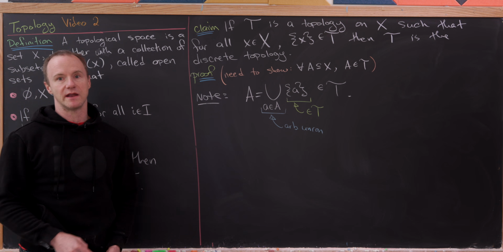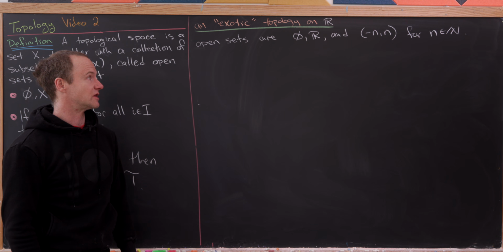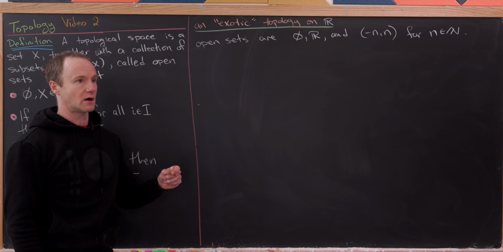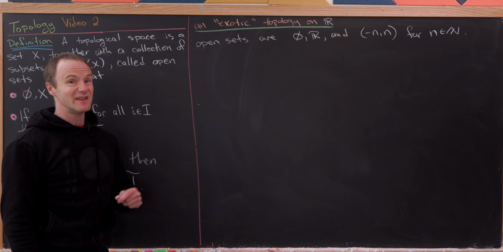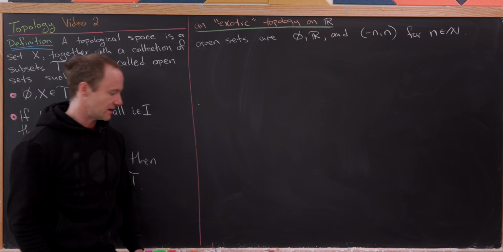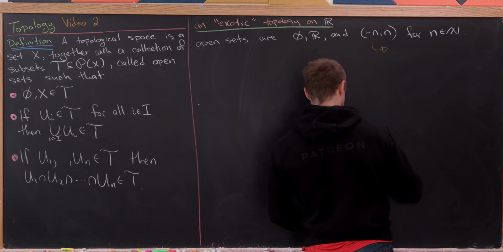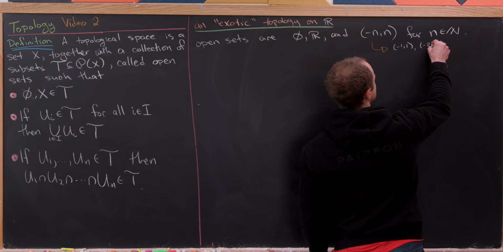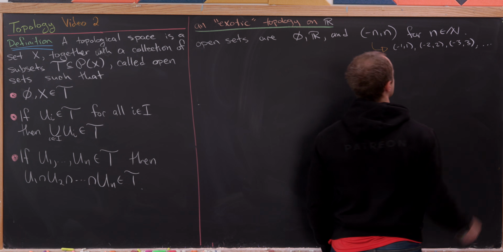Okay, so let's move on now. Let's look at an example of what I'll call an exotic topology on R. In this exotic topology, the open sets are going to be the empty set, the set of all real numbers, and then this open interval from -n to n for all natural numbers n. So that gives us a nice infinite family of open sets. That would be -1 to 1, -2 to 2, -3 to 3, and so on and so forth.